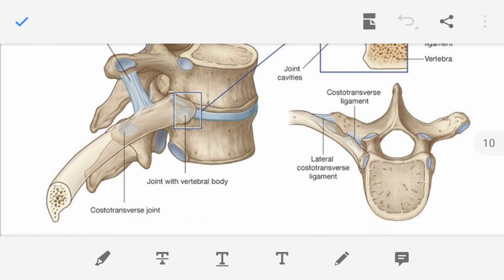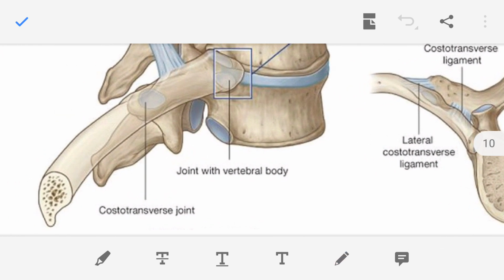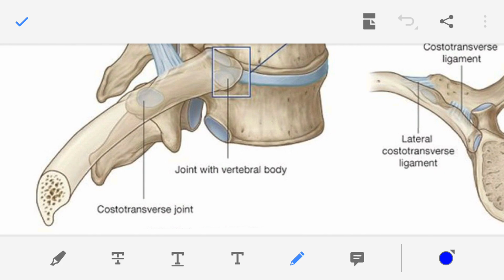For example, let me zoom in. So this is the rib. This part is the tubercle. Now I am showing you the articular facet. For example, this is the articular facet of the tubercle. Now for a moment we are detaching this rib.